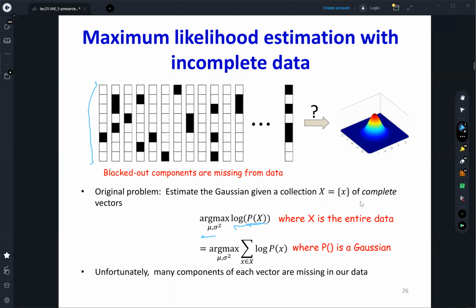Unfortunately, if you want to compute this, you need to be able to compute log of P of X, but then X is not complete. Some components are missing. And so you have a problem, right?